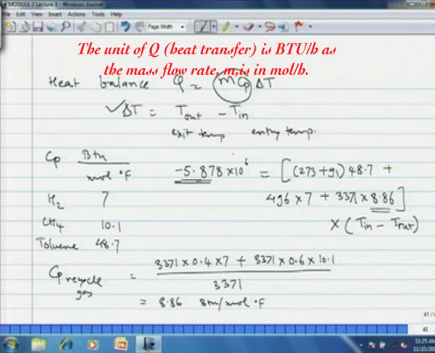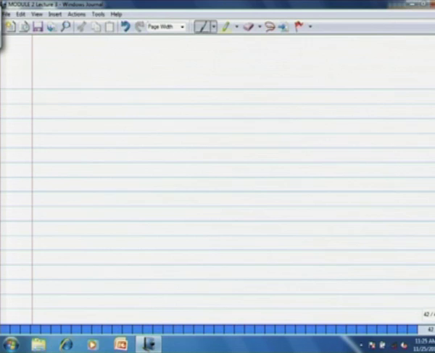If we take absolute heat, then this becomes delta T as written, T out minus T in, and now we can very easily calculate the exit temperature as 1265 degrees Fahrenheit. That means, if we operate the reactor adiabatically, the maximum temperature reached in the reactor is 1265 degrees Fahrenheit.